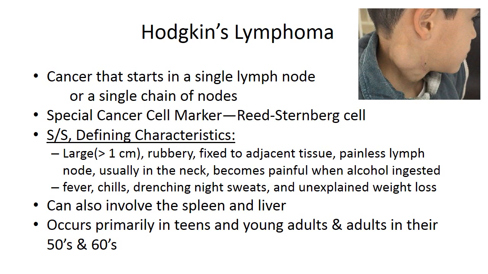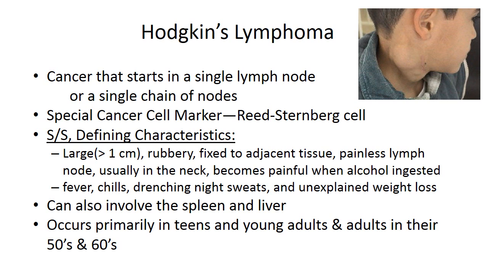I actually had an individual that I played college basketball with, and she developed Hodgkin's lymphoma. And her characteristic defining signs and symptoms were exactly the same as these. She had fevers, chills, drenching night sweats, unexplained weight loss. For a period of time, she actually felt as if she had the flu.